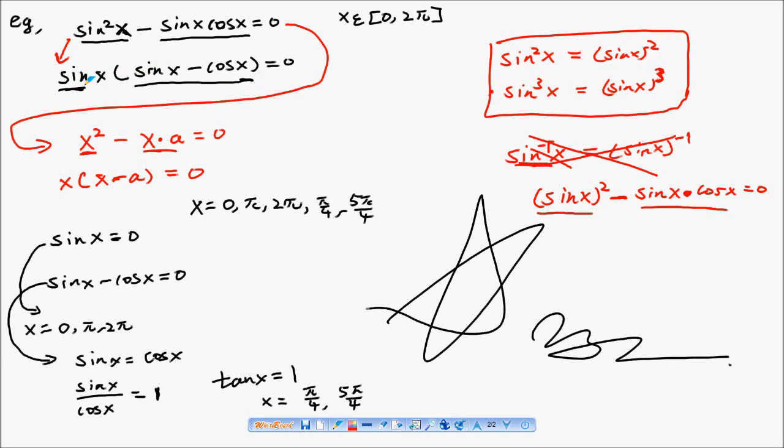What I did is I took sine x out and leave the rest in the bracket, which is sine x minus cosine x. Because if I take sine x out from sine x squared, I have sine x. And if I take sine x out from sine x times cosine x, cosine x was left, so I have sine x minus cosine x.